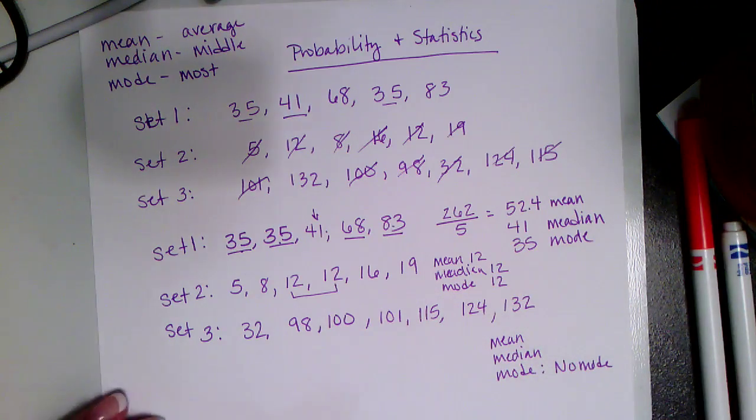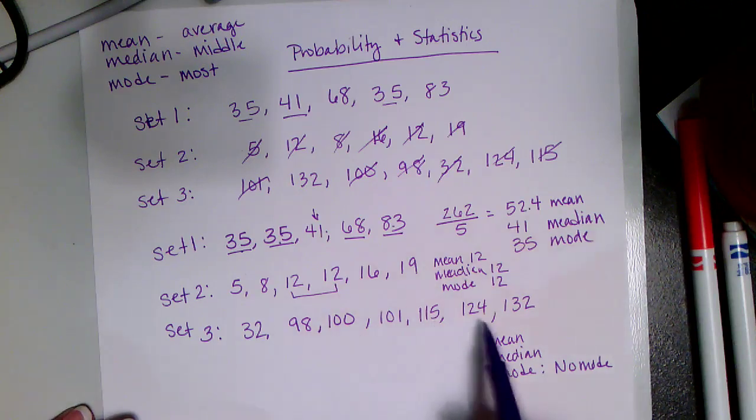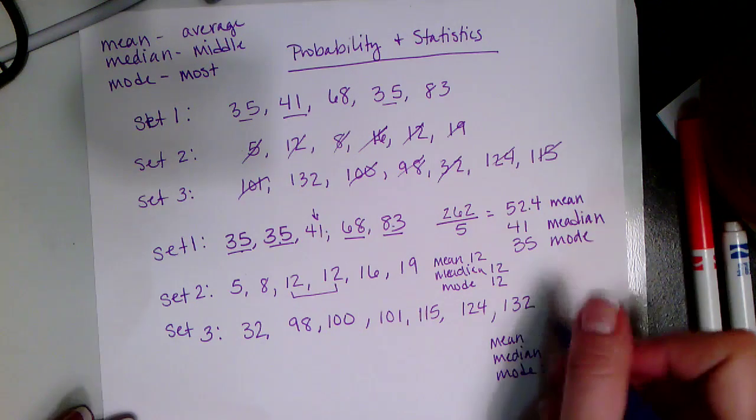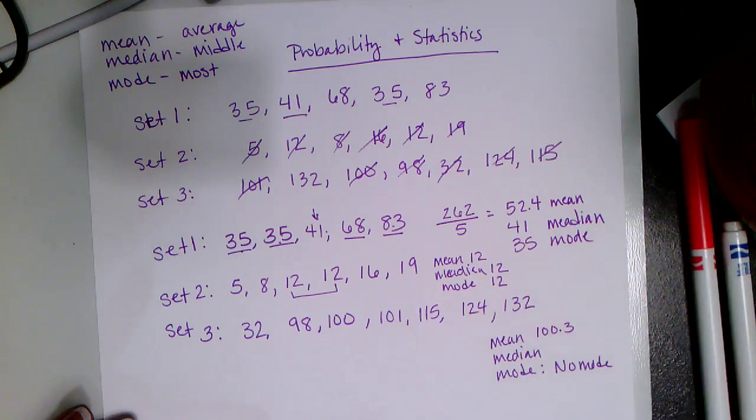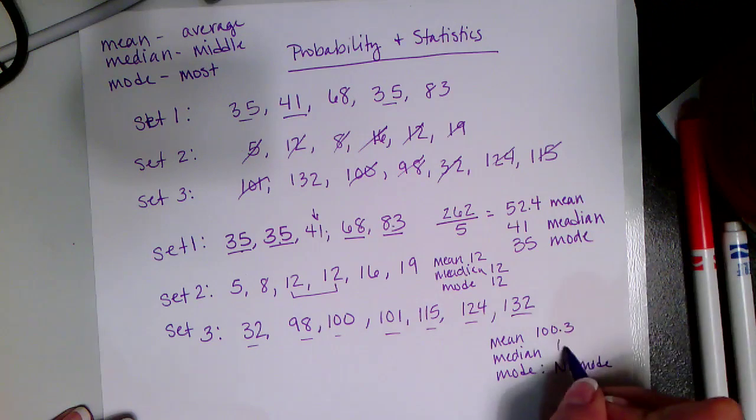But our mean is going to be 100.3, rounding, and then our median, again, we look for what's in the center, and we get 101.